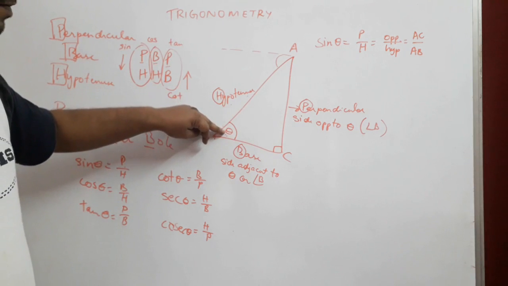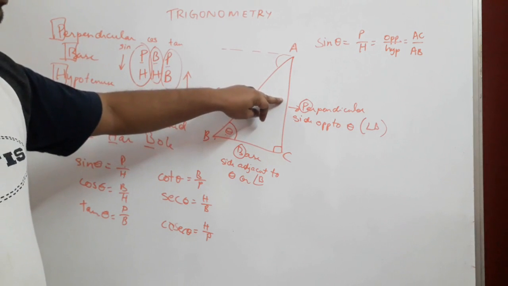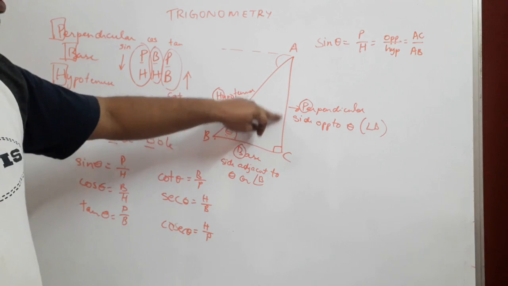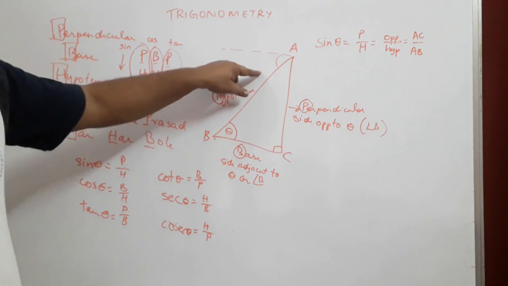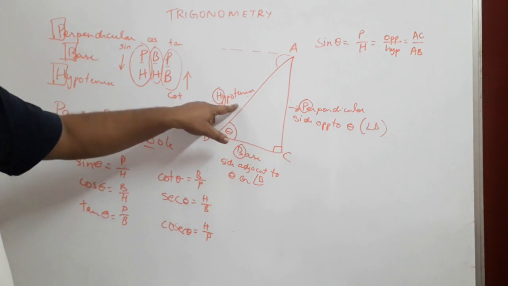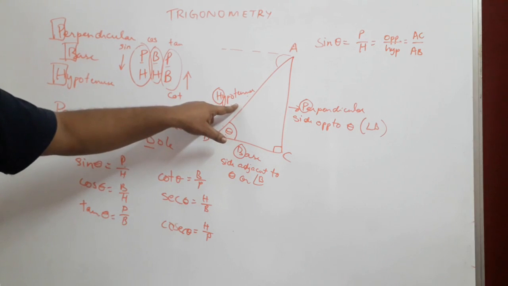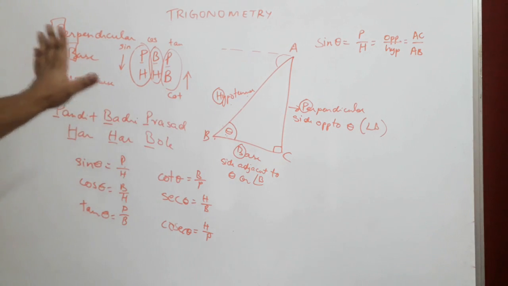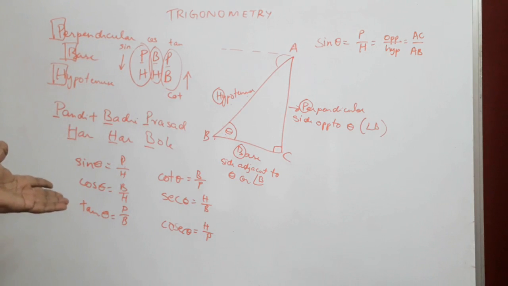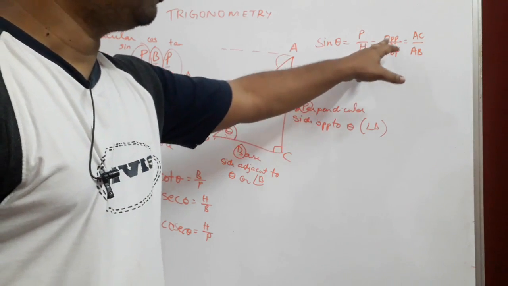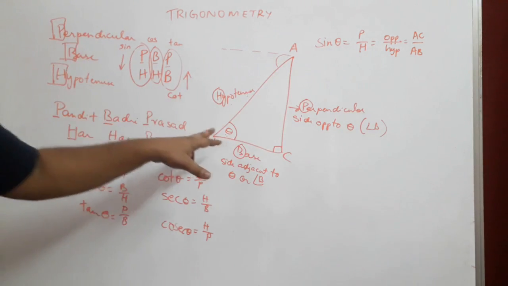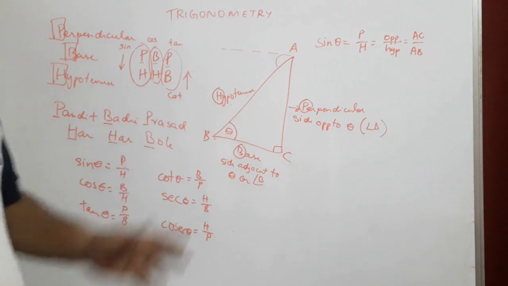The side opposite to the angle in question, that is the perpendicular, and the side opposite to the right angle, that is the hypotenuse. In your textbook or notes, it will only say sin theta is equal to opposite upon hypotenuse, which is opposite to this angle upon hypotenuse.